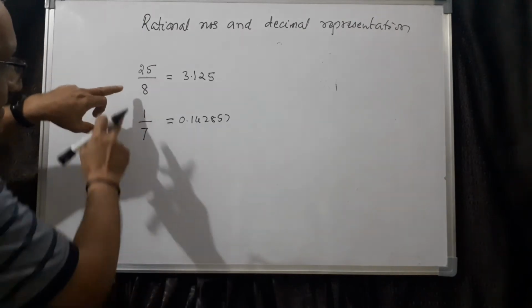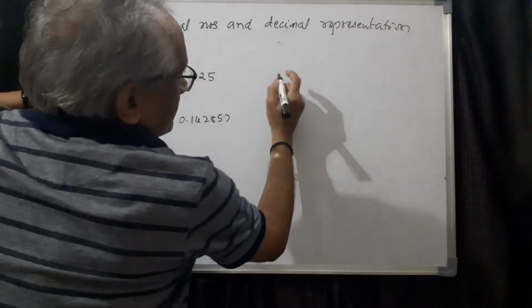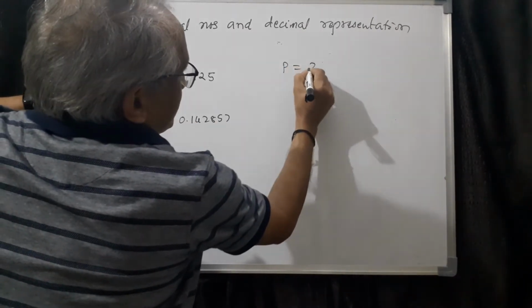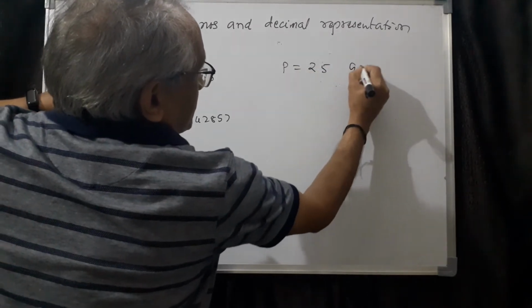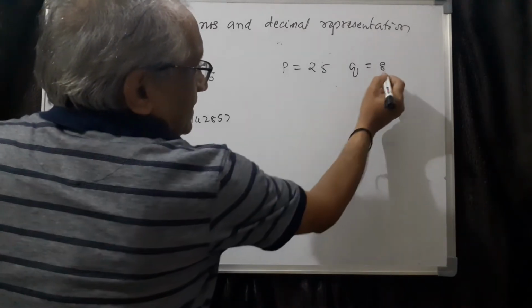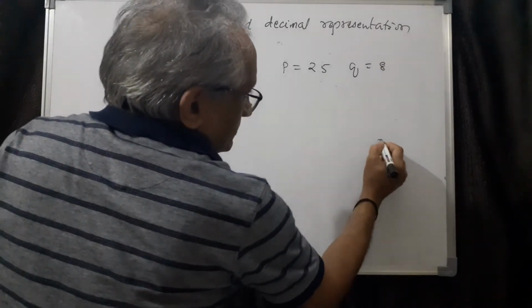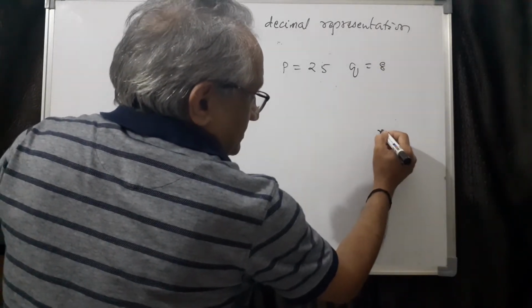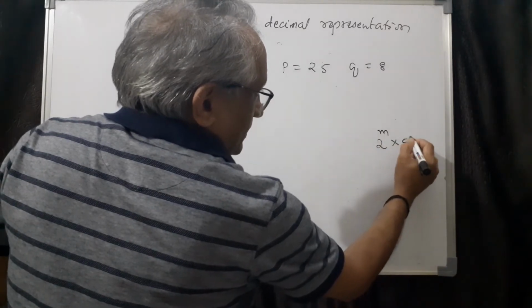So this is terminating, because you take p here as 25, q here as 8. Now what you can do is, can you write this 8 in terms of 2 power m and 5 power n?